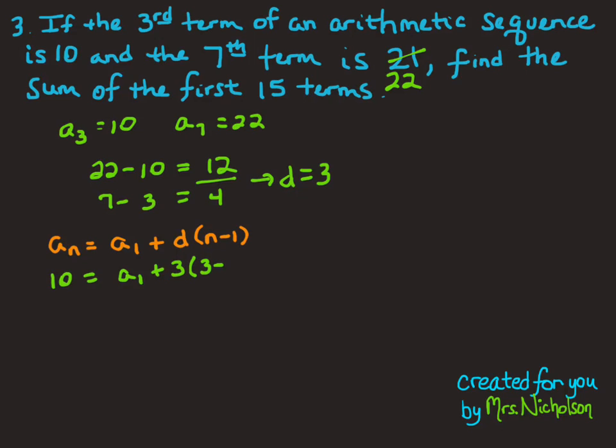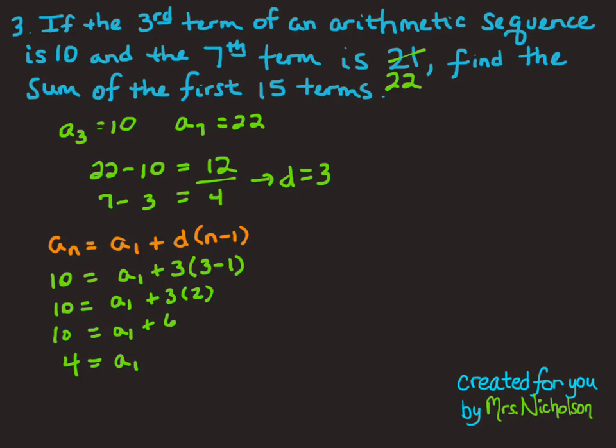And 10 is equal to the third term, so my n is 3. So 10 is equal to a sub 1 plus 3 times 2. 3 minus 1 is 2. 3 times 2 would be 6. A sub 1 plus 6 equals 10. And so a sub 1 is equal to 4.